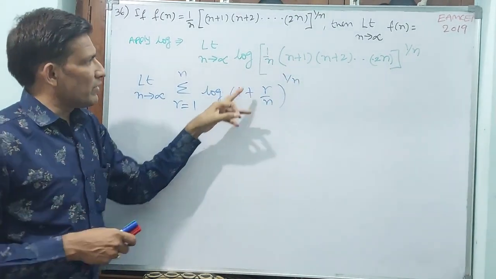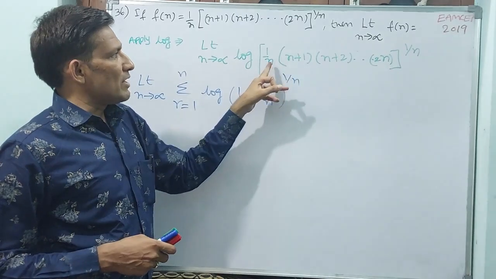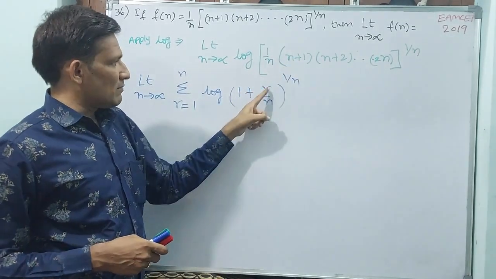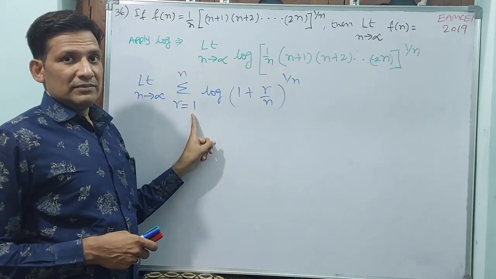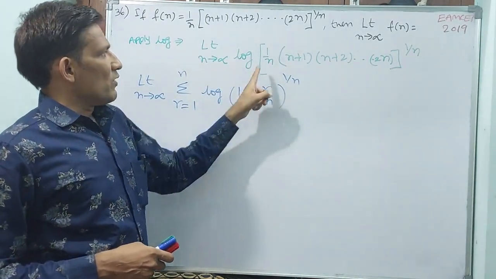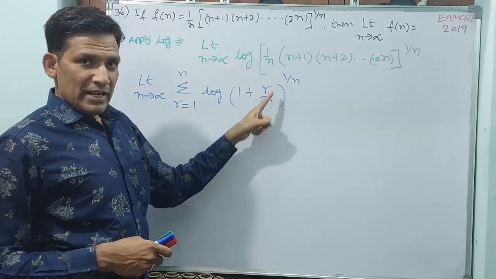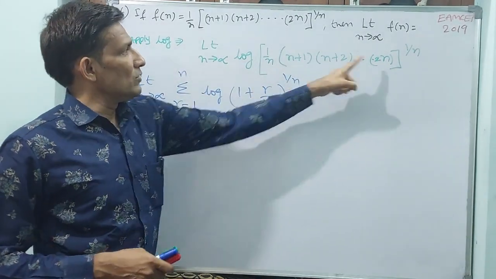Why? Because you see, observe carefully, 1 by n into n plus 1 means n by n is 1, 1 by n, 1 plus 1 by n, when r is 1. When r is equal to n, 1 plus n by n means 1 plus 1, 2, 2n.